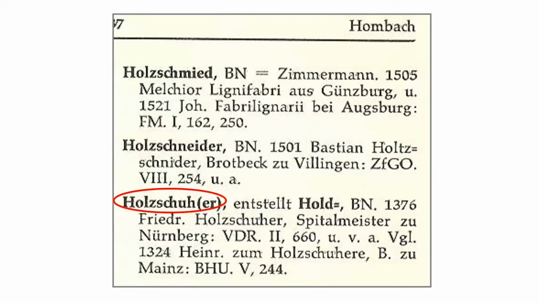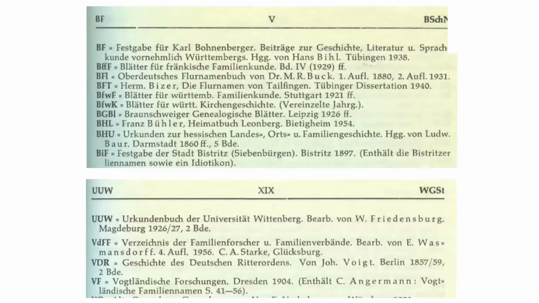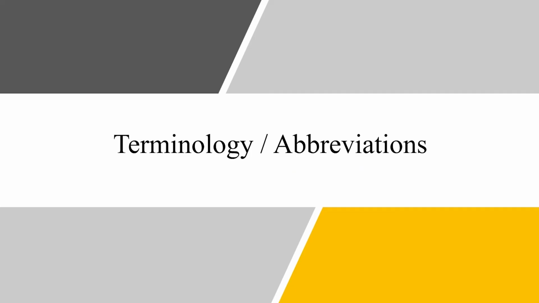The abbreviation of the sources for each of these is VDR, Volume 2, page 660, for Friedrich Holzschuher or Schuher, and BHU, Volume 5, page 244, for Heinrich Holzschuher. In the front of the volume, the source abbreviations are listed alphabetically, giving the complete information for each source.